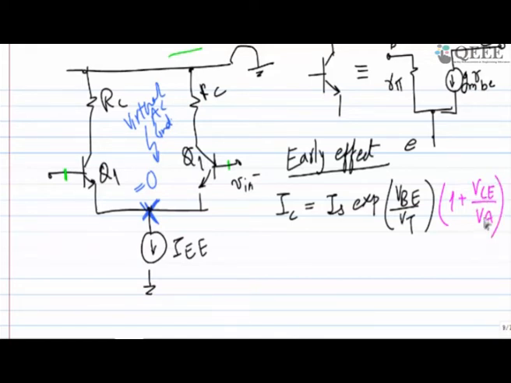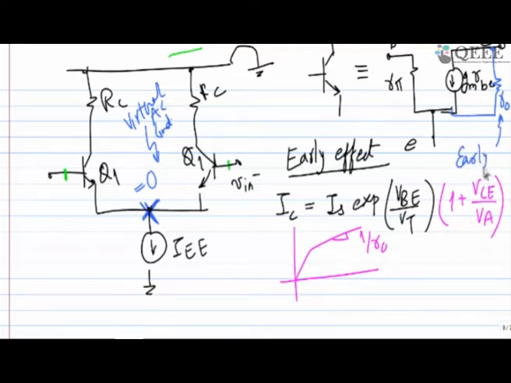And we understand that this characteristic has a slope of 1 by R0, and the effective resistance seen at the VCE node with respect to current has to be one more resistance, which is called RO. This RO is because of the early effect. So this can be solved by del IC by del VC.